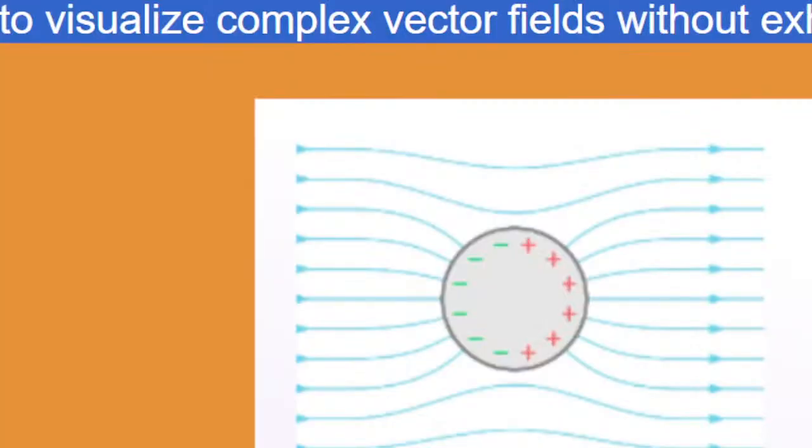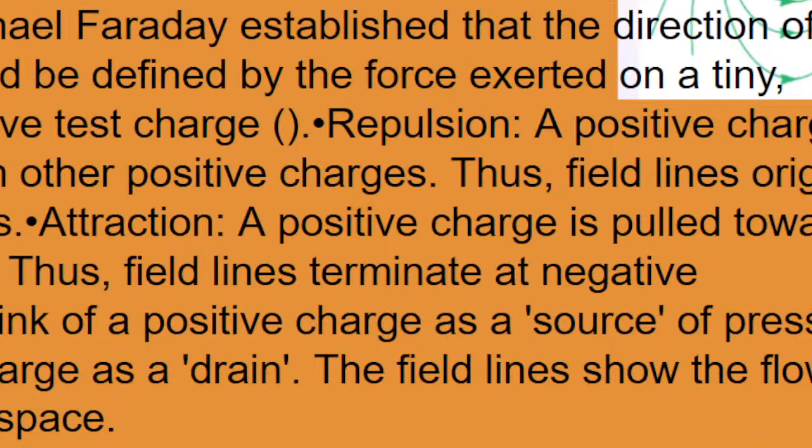Then let's talk about electric field lines. They're intuitive. They were proposed by Sir Michael Faraday. The lines indicate the influence of a charge in space. What does it mean? It shows exactly how a small positive test charge would move if released at any point. So, how the charge moves is described by the electric field lines.